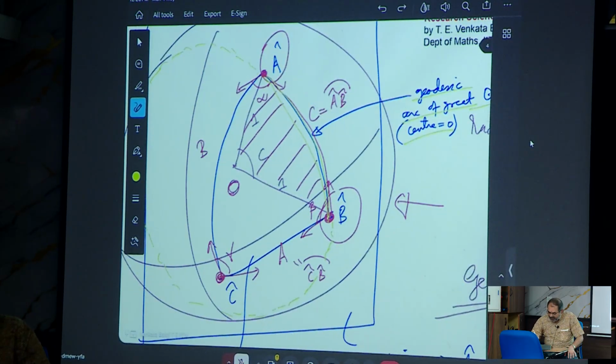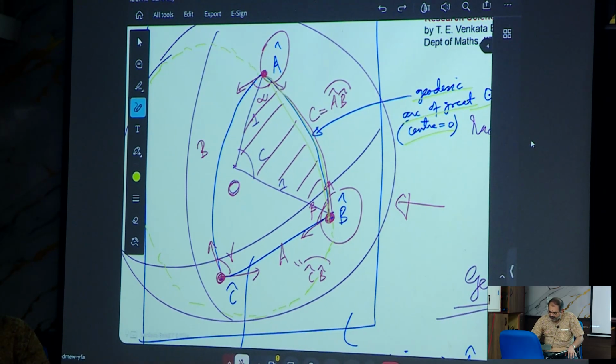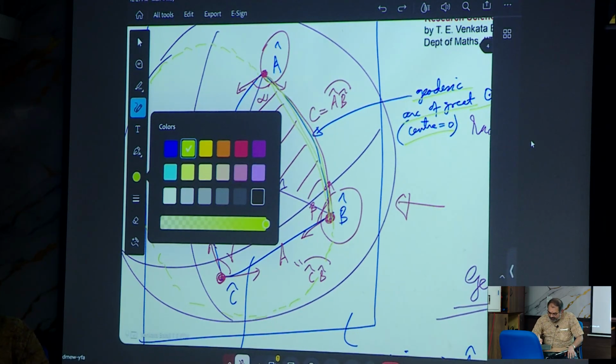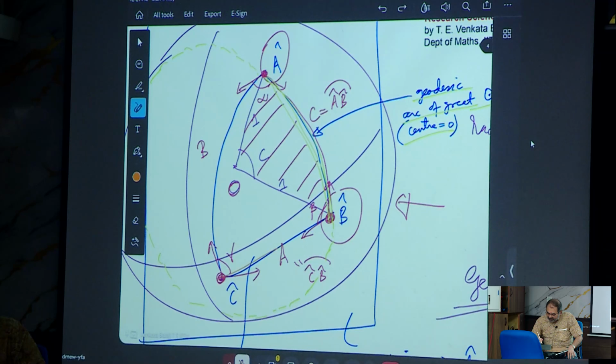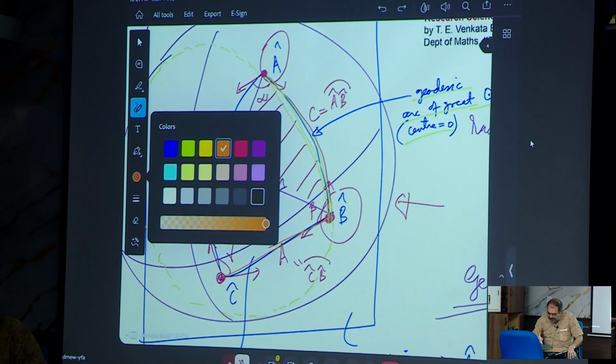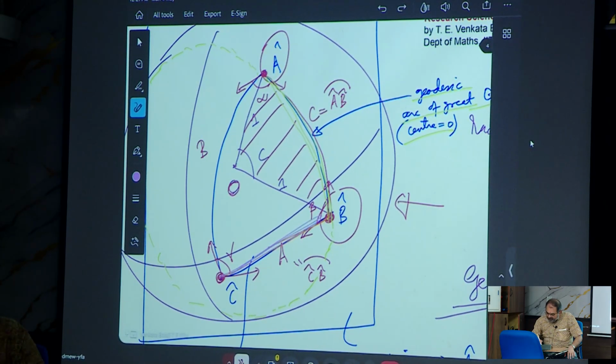So from A hat to B hat, I have this green thing, which is the shorter arc of the great circle passing through A hat and B hat. Then from B hat to C hat, I'll put this thing in pink.